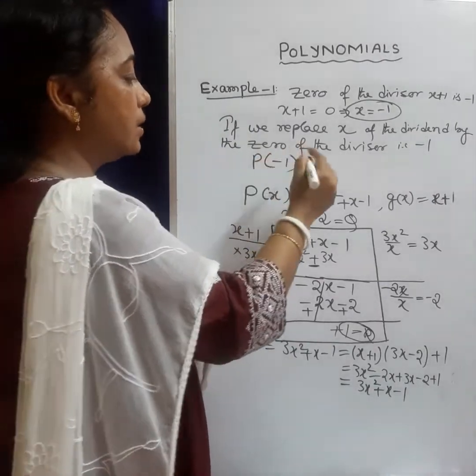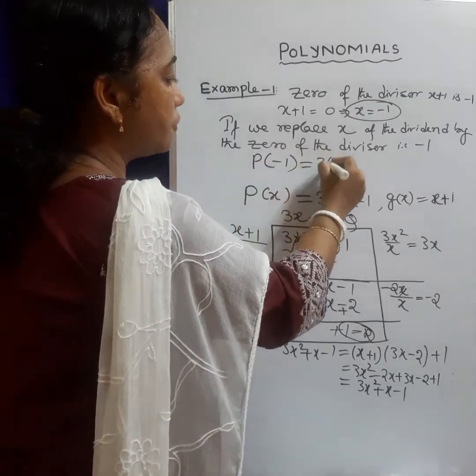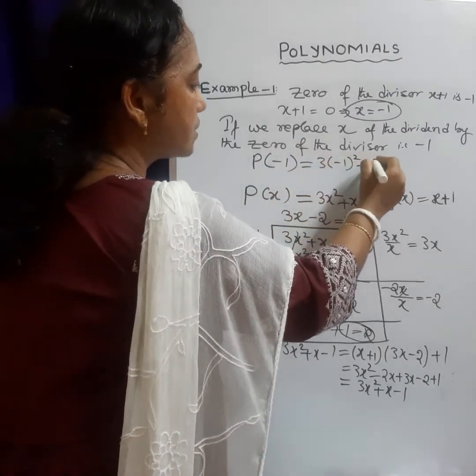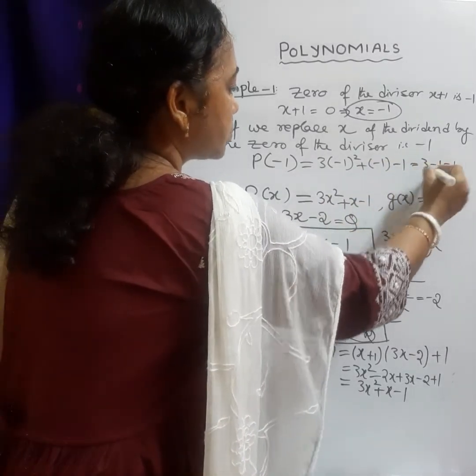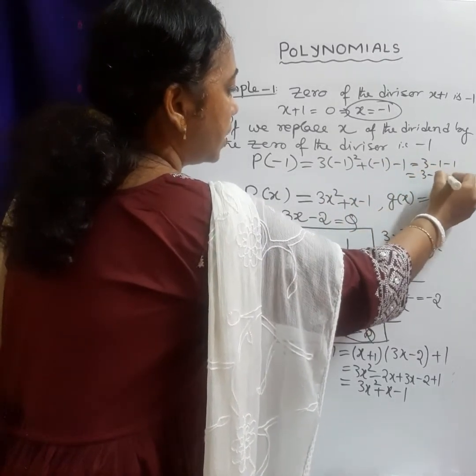That will be equal to 3 times minus 1 whole square plus minus 1 minus 1. So we get 3 minus 1 minus 1, which is 3 minus 2, equal to 1.